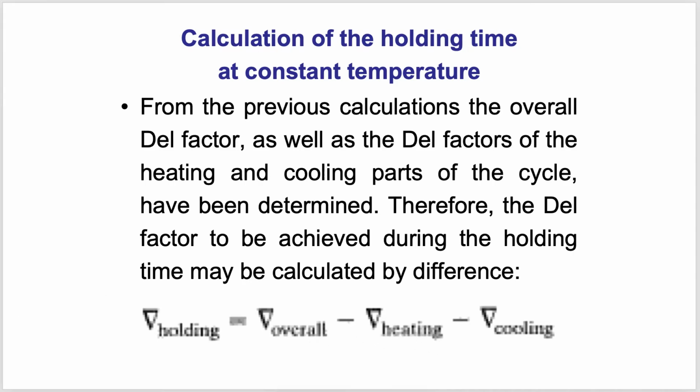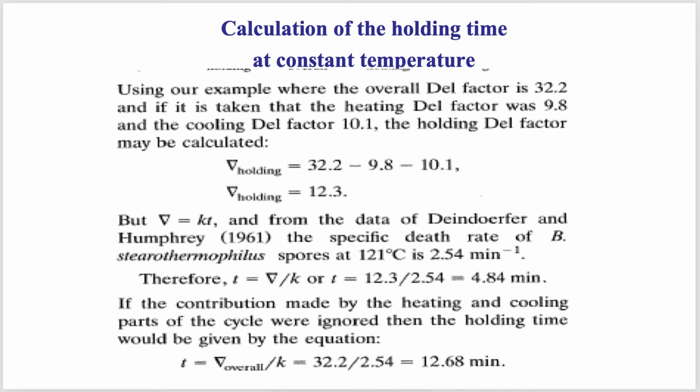Now let's do some math to understand it more clearly. Say the overall del factor is 32.2, the heating del factor is 9.8 and the cooling del factor is 10.1. In that case the holding del factor will be overall del factor minus heating del factor minus cooling del factor.